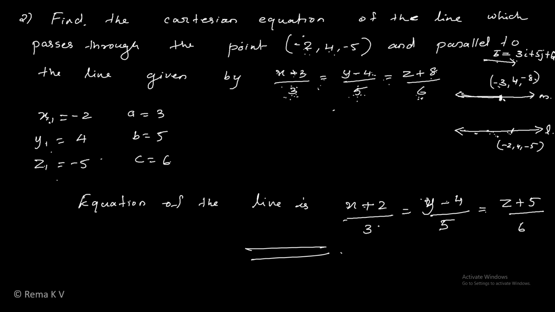So how can you write the vector form from this? If you have to write the equation of the line in vector form, how can you write it from here?